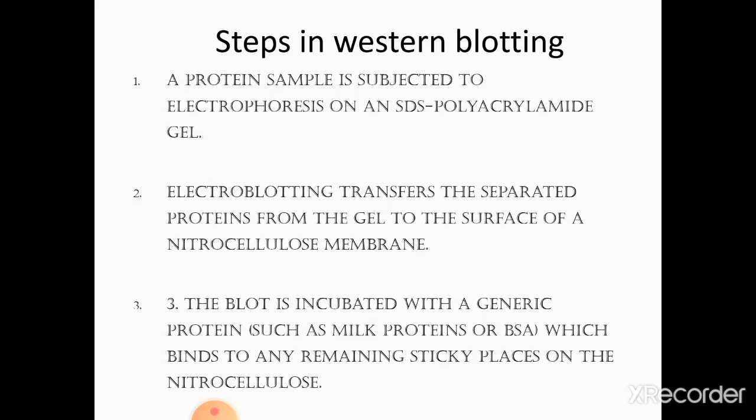So first we do electrophoresis to separate the protein samples. Then it is electroblotted, transferring the separated proteins from the gel to the nitrocellulose membrane. The next step is incubating with the generic protein so that it binds to any remaining sticky places on the nitrocellulose.